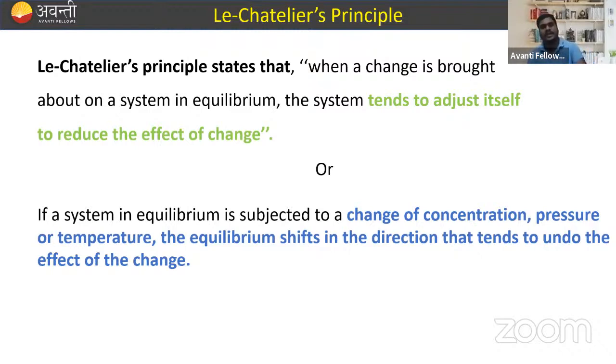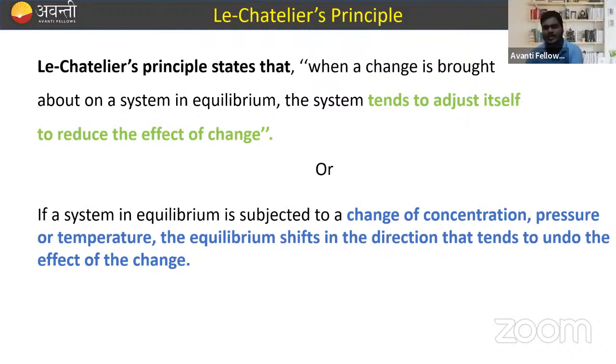Or we say, if a system in equilibrium is subjected to a change of concentration, pressure, or temperature, the equilibrium shifts in the direction that tends to undo the effect of the change, right? So this is how we understand the Le Chatelier principle. Basically, when equilibrium is attained, we have to do something to disturb this equilibrium so that the reaction will take place.